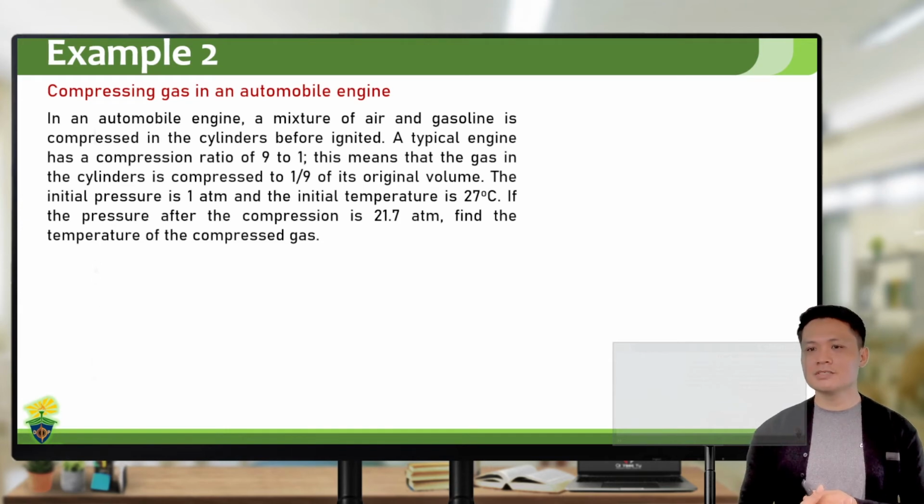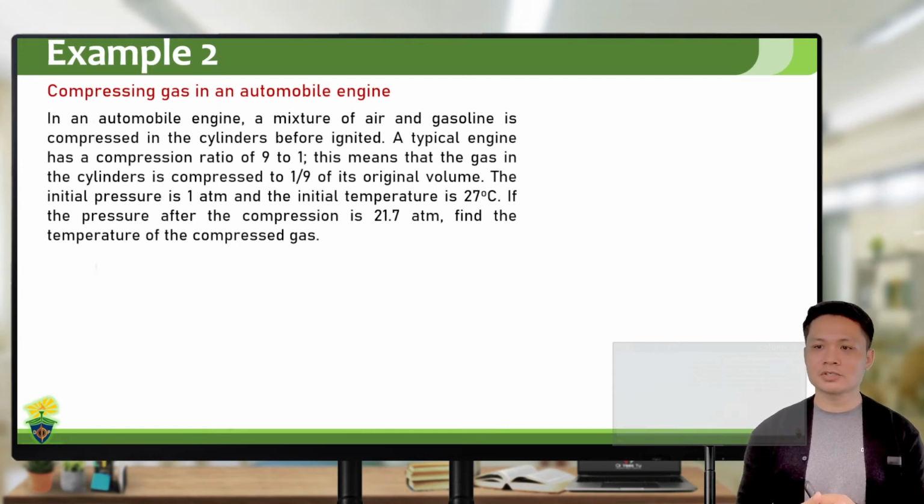A typical engine has a compression ratio of 9:1. That means that the gas in the cylinder is compressed to 1/9 of its original volume prior to ignition. That is the required compression ratio for your engine to be able to burn the fuel inside the cylinder.